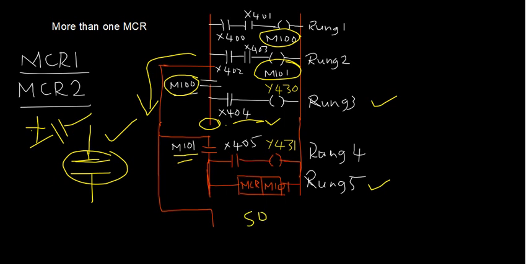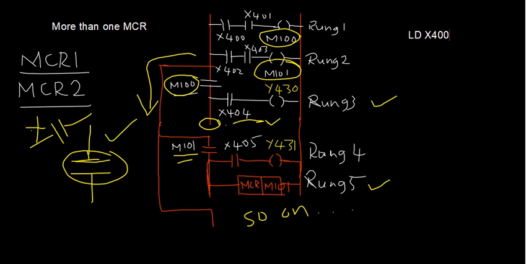For this we should be in a position to write one small instruction set. As you can see, the first instruction would be LD X400. This will be a practice for you: LD X400, and the second instruction is AND X401.